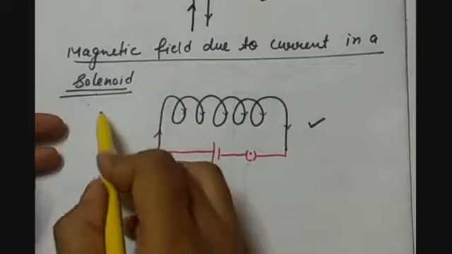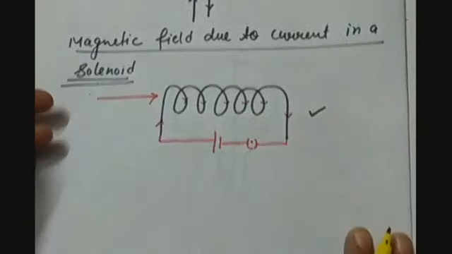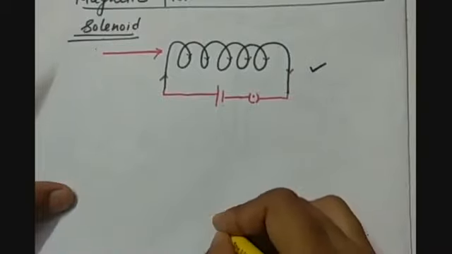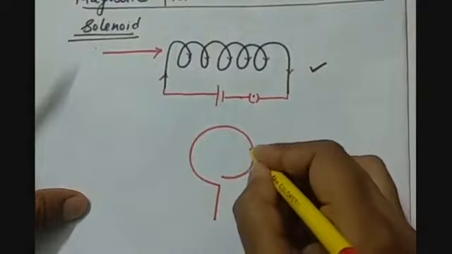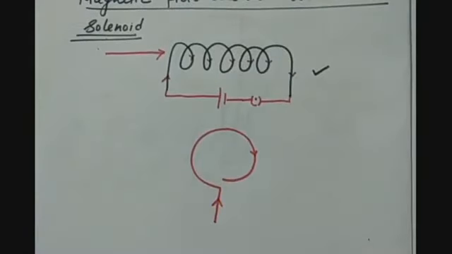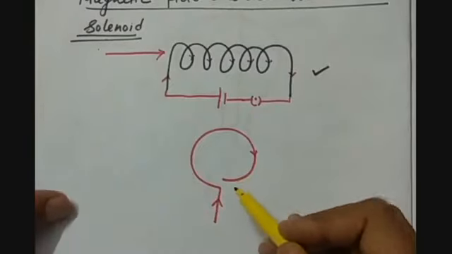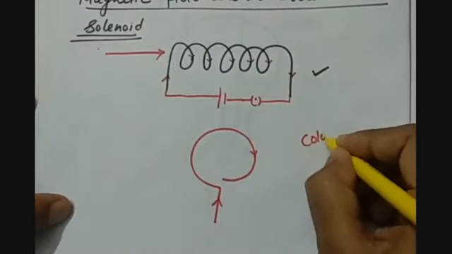Just face the solenoid from this side. So now we have a scenario in which the current is going in this way. The current is entering up here, and the face on which you are placed, or on which you are seeing this circular turn of the wire, according to you, the current is flowing in clockwise direction.